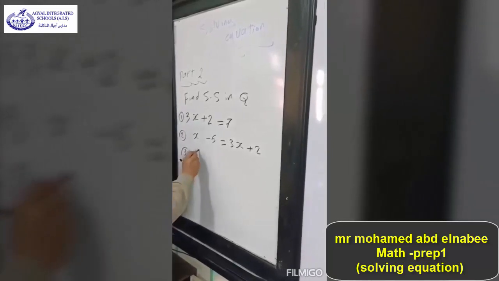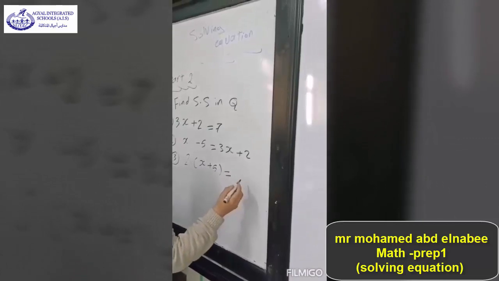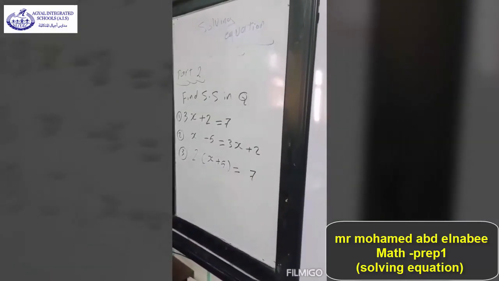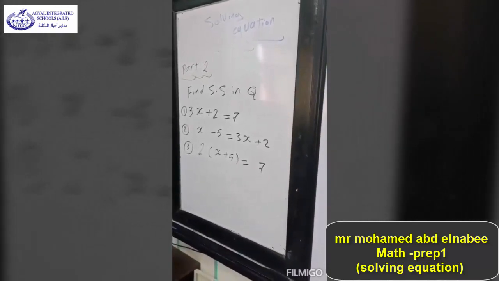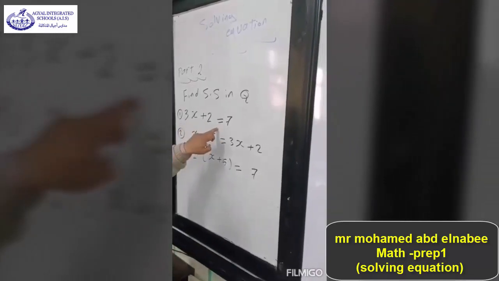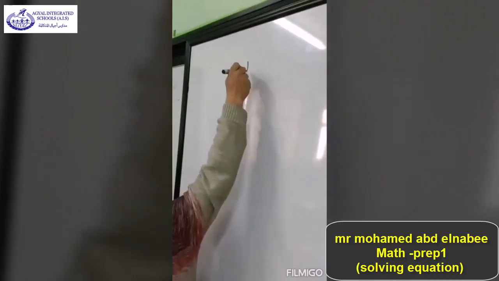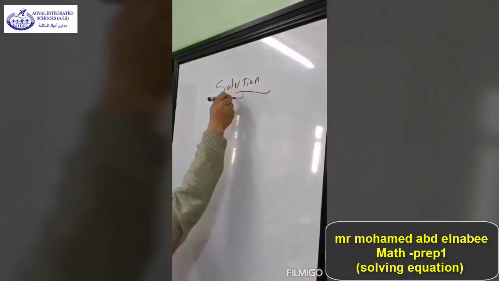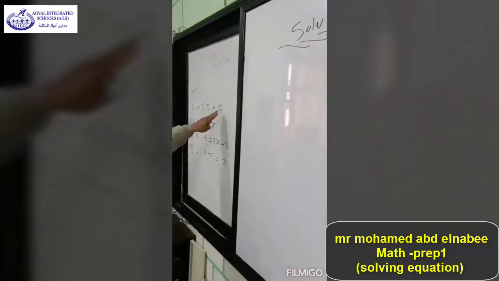Number 3, 2x plus 5 equals 7. These are three different problems, we need to find the set of solution in Q. Now, the first one, 3x plus 2 equals 7. Let us start to solve it. If the number is positive, negative, or a fraction, it's an element in Q.